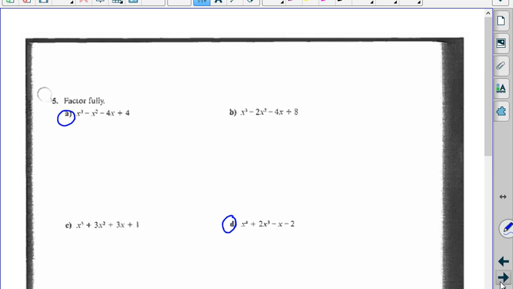So 0, 0, -4 plus 0 is 4, right? Minus 0, minus 4. And that is the factor.